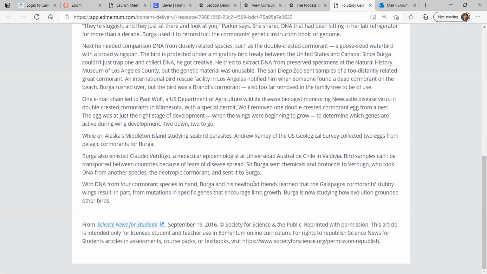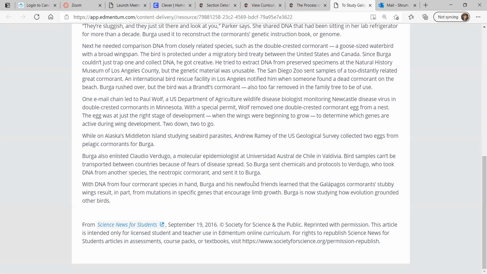And then he enlisted Claudio Verdugo, a molecular epidemiologist at the Universidad Austral de Chile in Valdivia. Bird samples can't be transported between countries because of fears of disease spread.